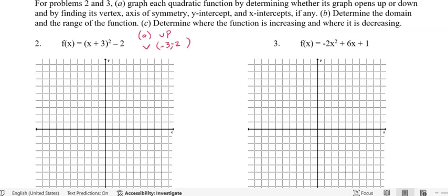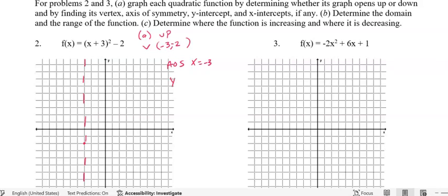And since we got to graph it anyway, we'll just go ahead and plot this information as we collect it. So there's the vertex. Let's see, the AOS is the vertical line that goes right through the vertex, and so that's going to be the line x equals -3.